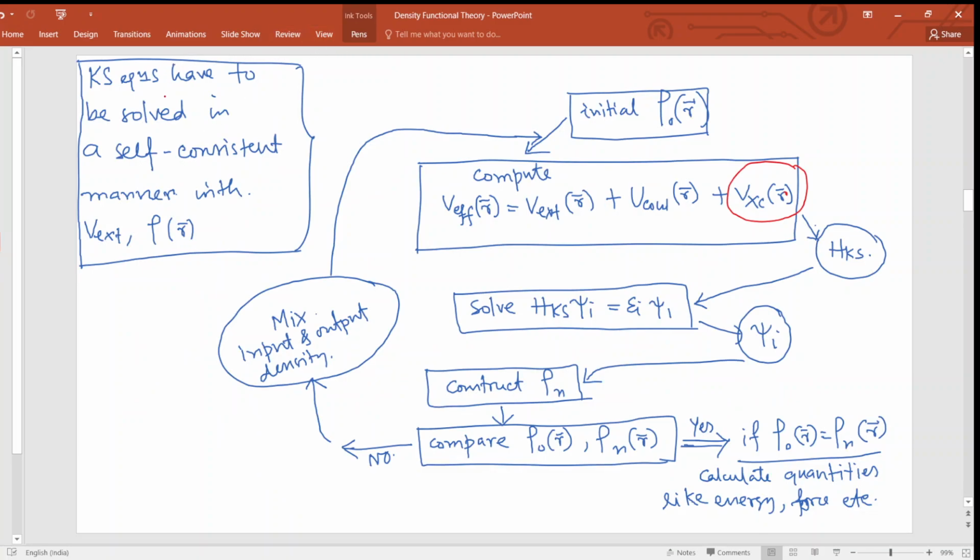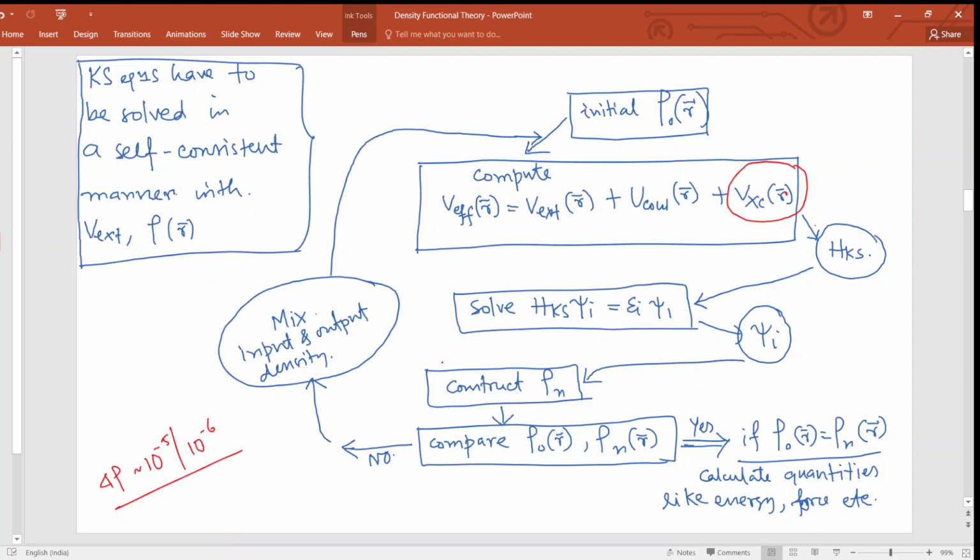You can set this up, let's say delta rho has to be 10 to the power minus 5, or 10 to the power minus 6. Unless your delta rho meets this criterion, you keep on doing this calculation.